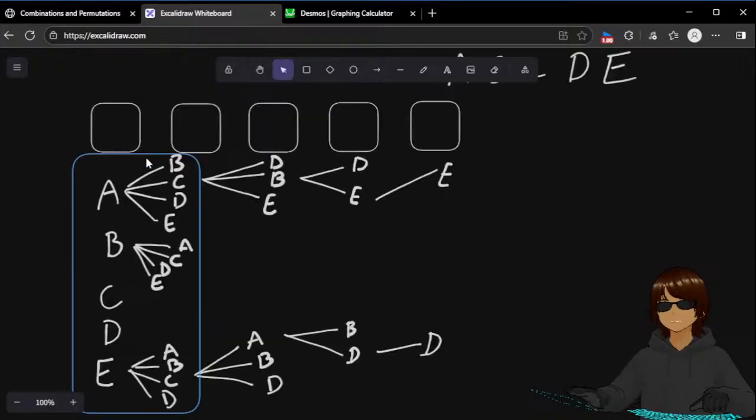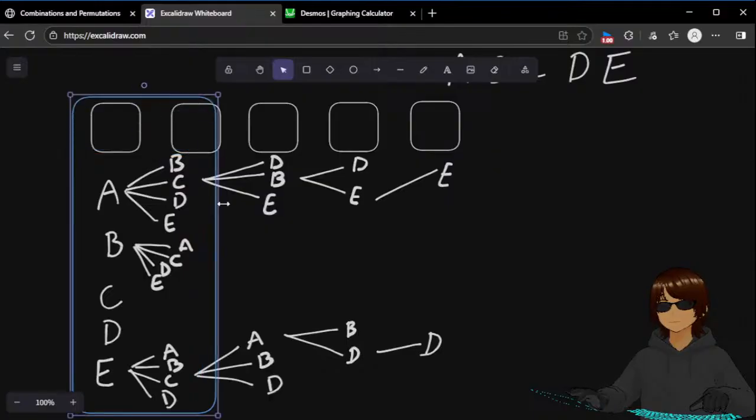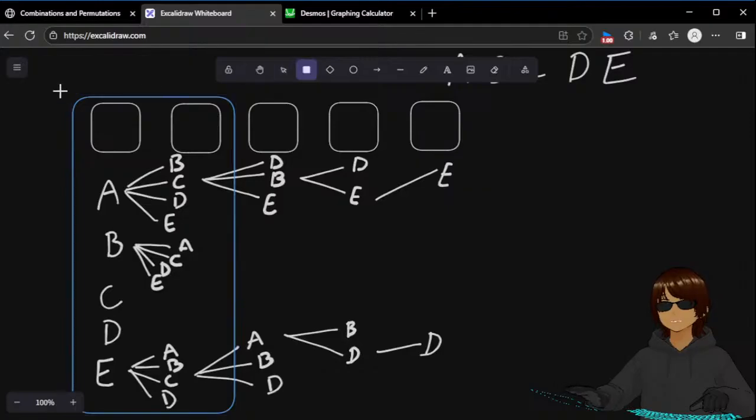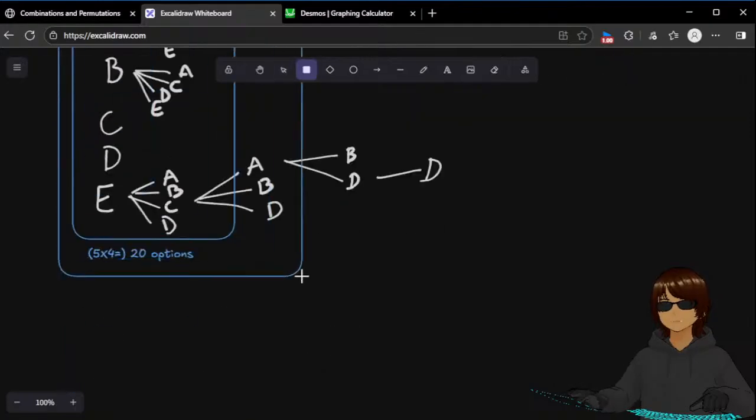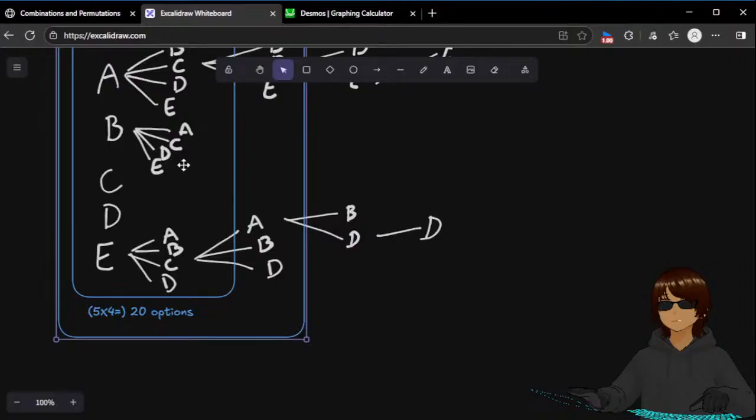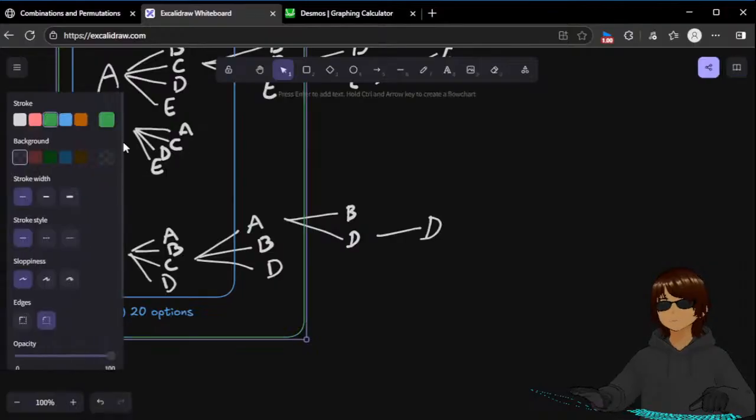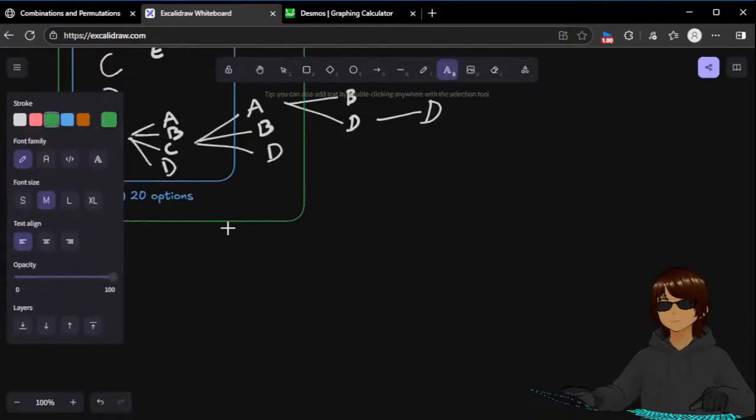The first 3 boxes have 5 times 4 times 3 options in total. 5 times 4 times 3 is 60 options.